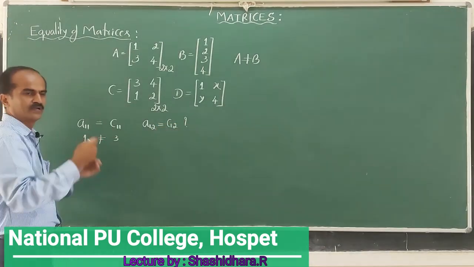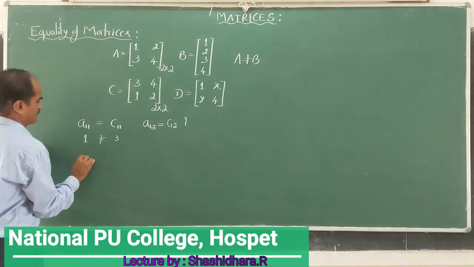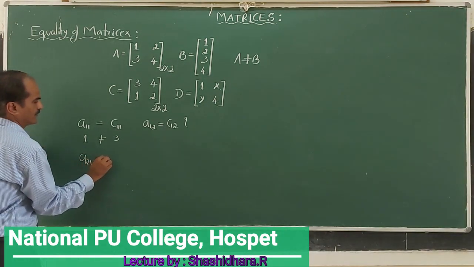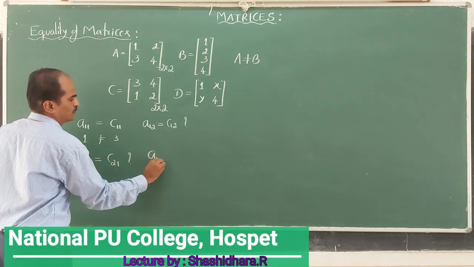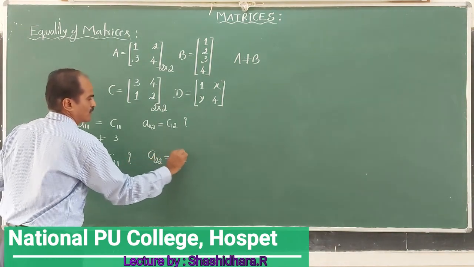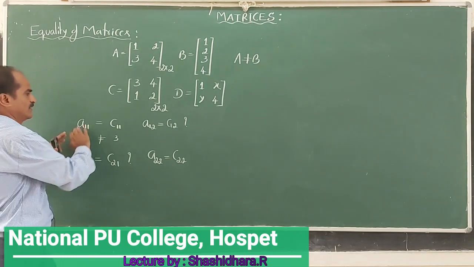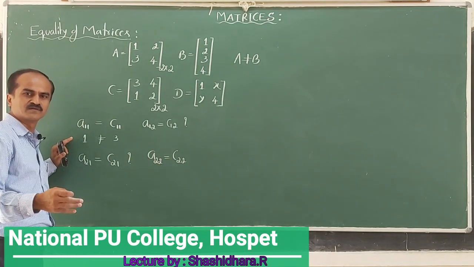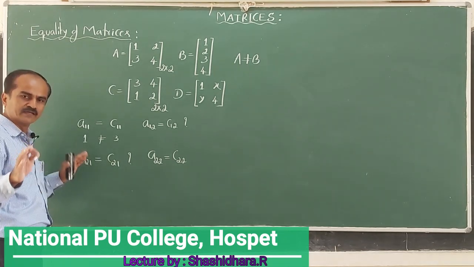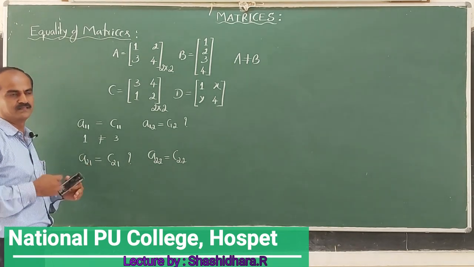If it is equal, then continue. A21 is equal to C21 or not. A22 is equal to C22 or not. In case all these conditions are satisfied, all the corresponding elements of both the matrices are equal, then only we say that two matrices are equal.